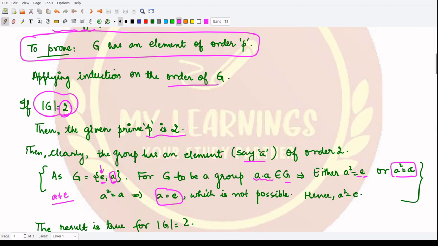Therefore, we should have A square equal to E. So the order of A should be equal to 2. Hence, in this case, the result is proved when the order of the group is 2.